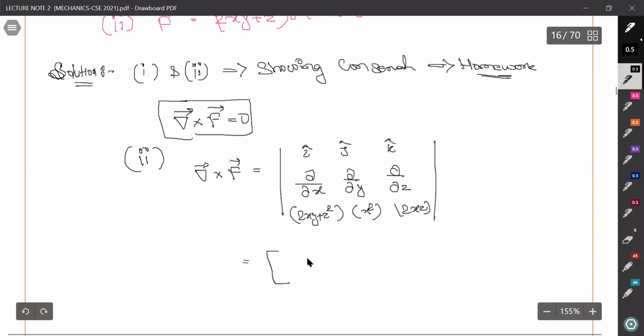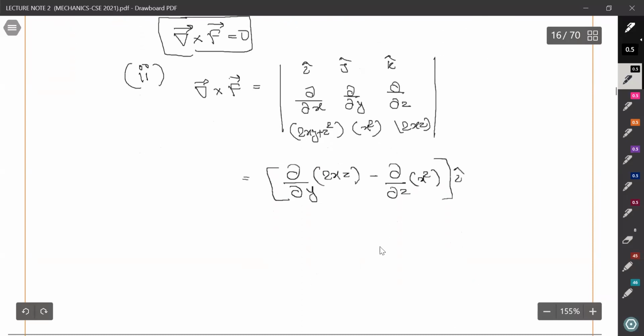So del of del y 2xz minus del of del z x square, this will become i cap. I am solving for those who are unable to solve these questions.